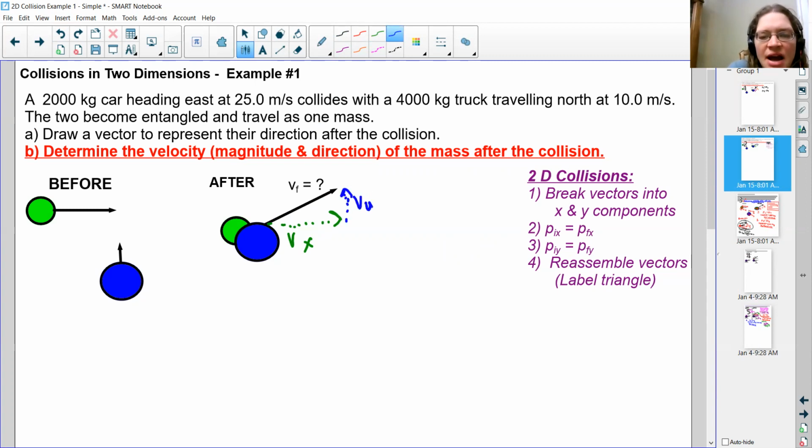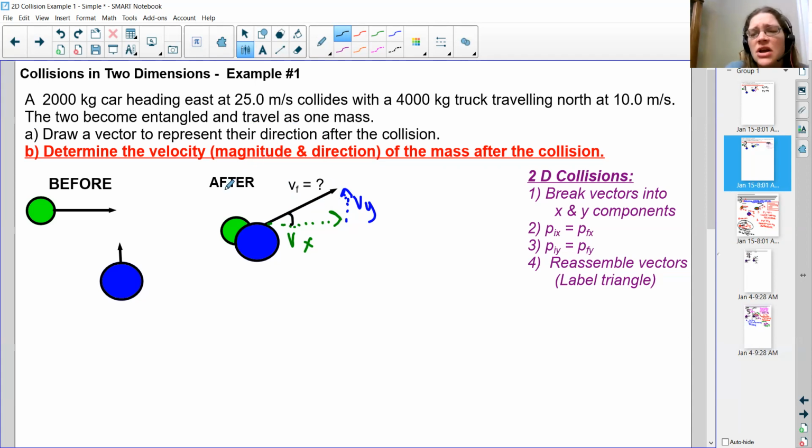Exactly what angle this ends up being will depend on some of the initial information. So we couldn't say, without doing a little bit of math, whether it was going to go more up or more right, but what we do know is that it's going to go some combination of up and to the right, and we're going to figure out more specifically what that is.